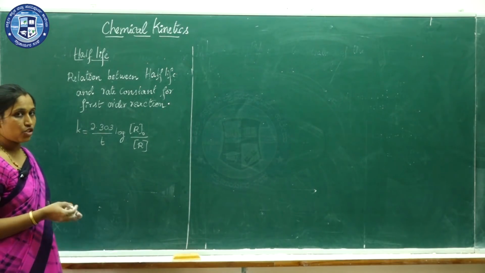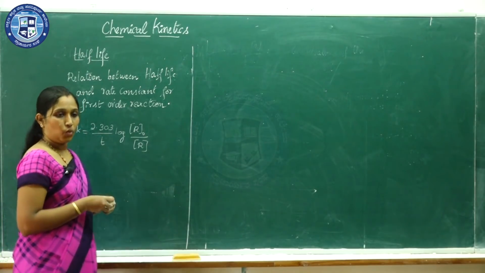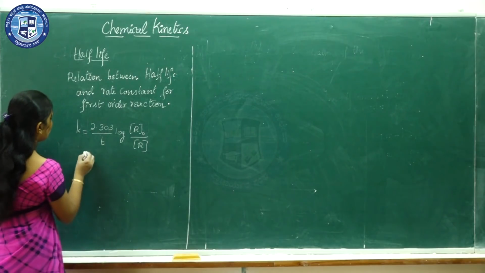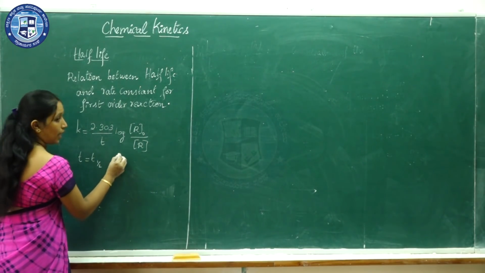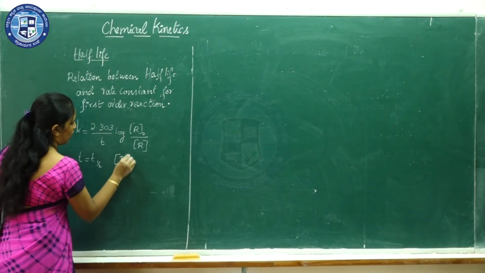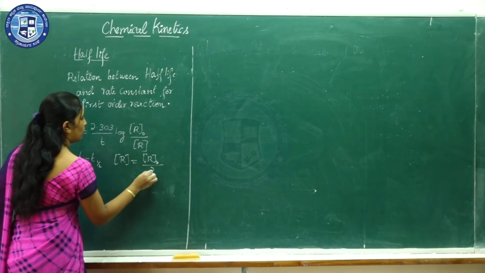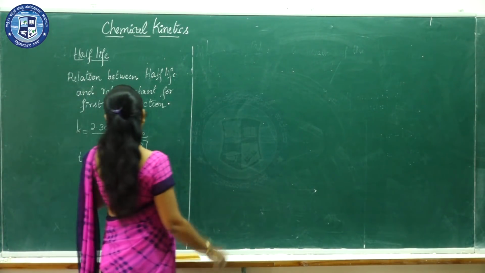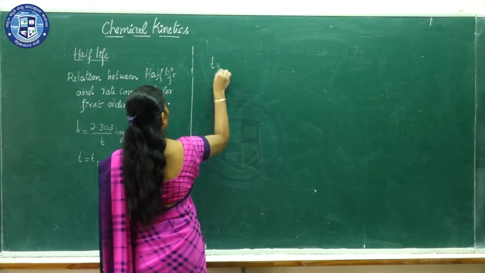Okay. So, what happens during half-life? The concentration of the reactant reduces to half of its initial value. So, when T is equal to T half, what happens to R? R becomes R naught by 2. Now I will substitute the values here. See here, T half I will take to the other side, it will be very easy then.